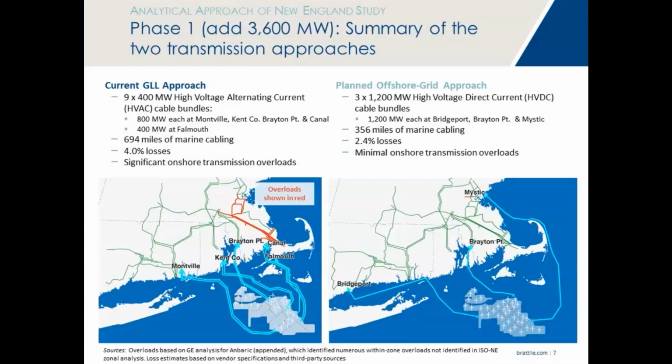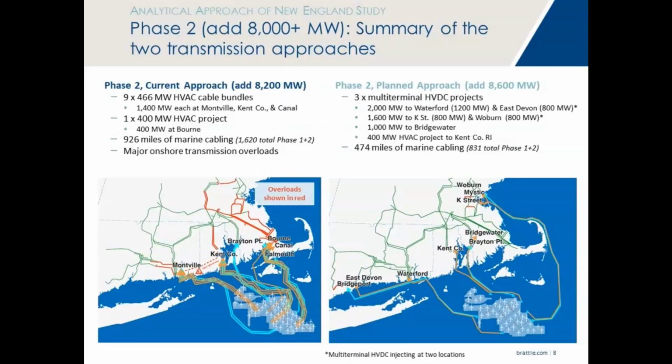But the interesting difference between these two figures, which is even more pronounced if we integrate all of the lease areas of about 85,000 megawatts, is that the unplanned approach of one generator at a time creates a lot more onshore transmission congestion, onshore reliability violations, and the need for large onshore upgrades that you see here on the left.